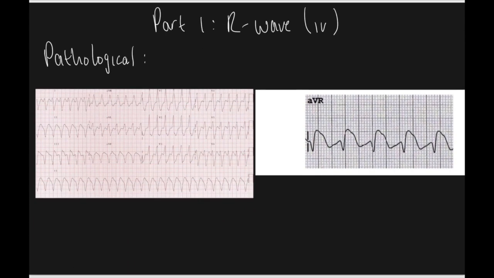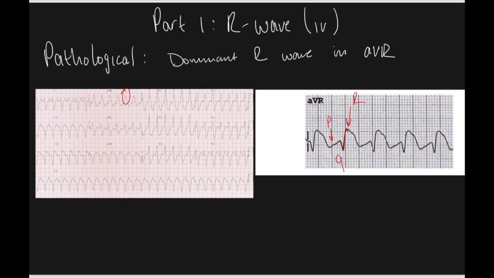Another finding associated with pathology is a dominant R wave in AVR. Here on the left we have that dominant positive deflection in AVR, so that dominant R wave. That is a pathological finding. And on the right we have our P wave, we have the Q wave, and then here is our R wave.